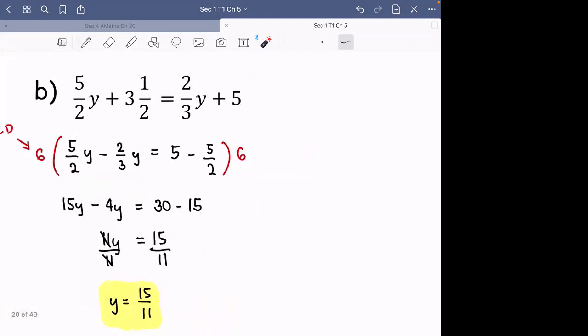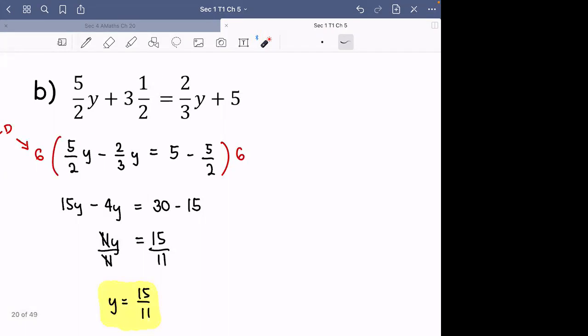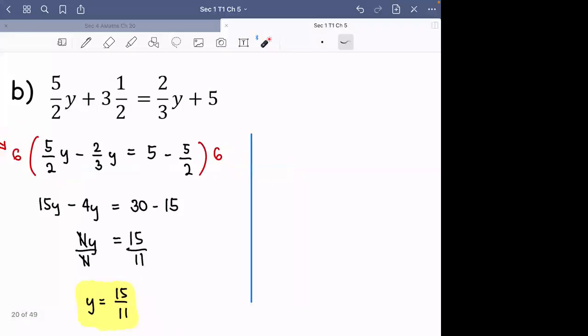Now class, there is another way of solving this. You may want to evaluate this first before you look for the LCD. So what is 5 over 2 minus 2/3?